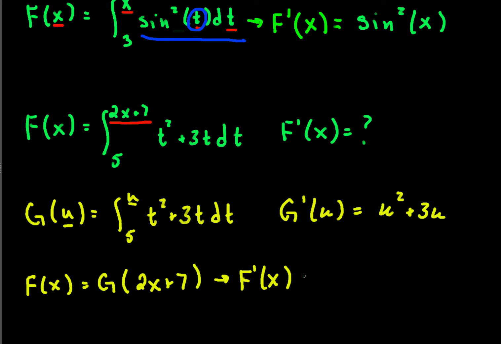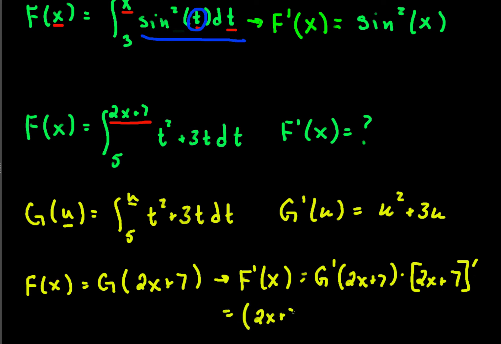So this is equal to g prime of 2x plus 7 times the derivative of 2x plus 7, which is equal to 2x plus 7 squared plus 3 times 2x plus 7, all multiplied by the derivative of 2x plus 7, which is 2.